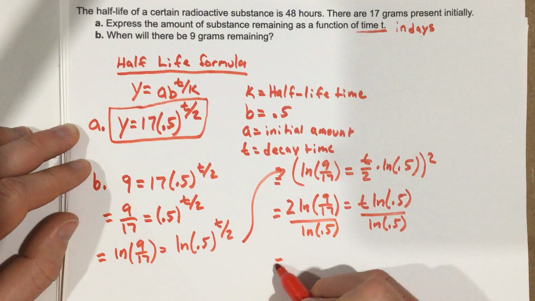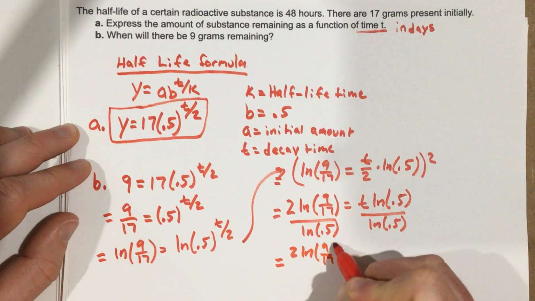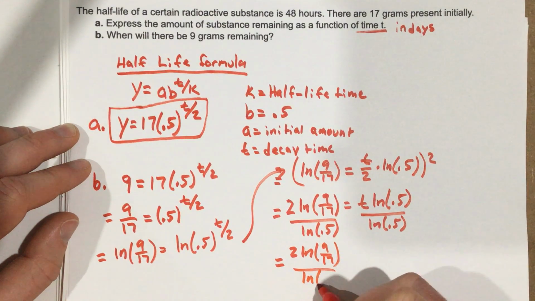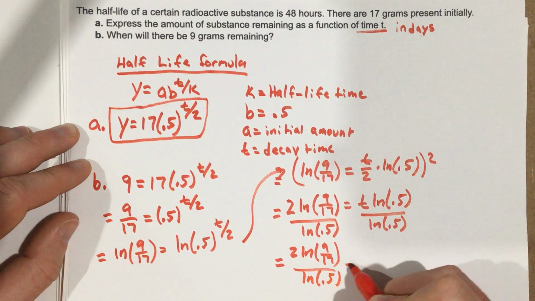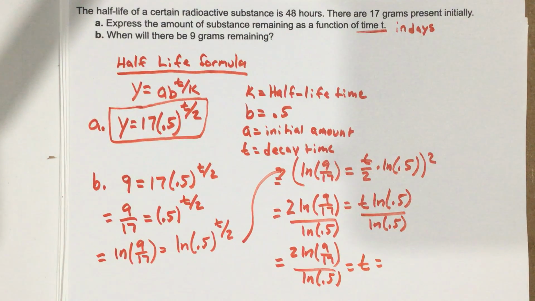And we end up with 2 natural log 9 over 17 over natural log of 0.5 equals t. And when we throw all that in the calculator, we're going to end up with a certain number of days. So we throw that in.